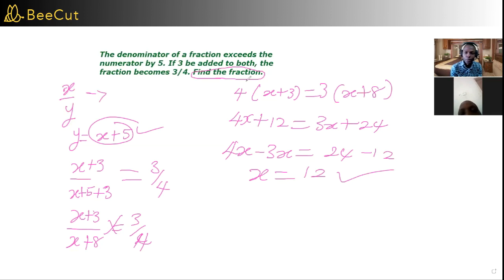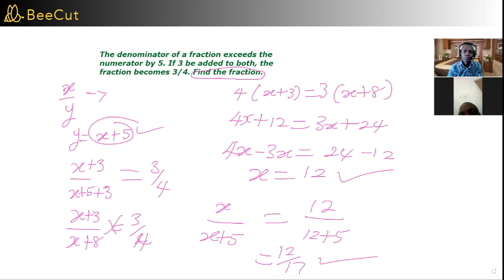But don't forget, I'm not looking for x, but I'm looking for a fraction. According to the question the fraction is x over x plus 5. So my x is now 12, and it becomes 12 plus 5. So the original fraction we are looking for is 12 over 17.